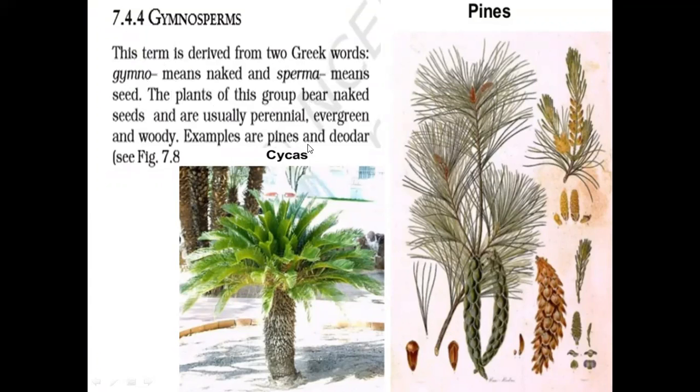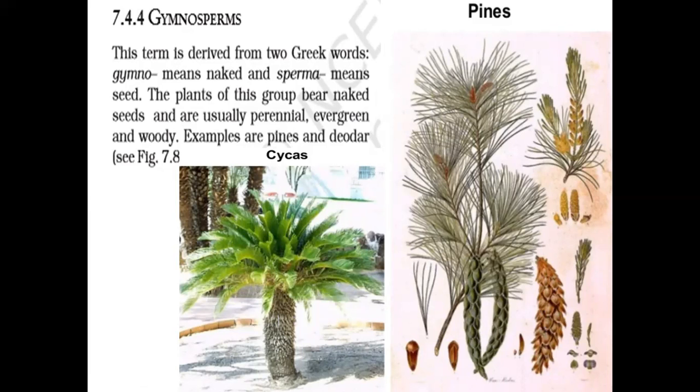The examples are pine and deodar. If you have seen these, you know that these plants do not produce any fruits as such. They only bear naked seeds. You can always see these on the beaches and all. They are usually evergreen.